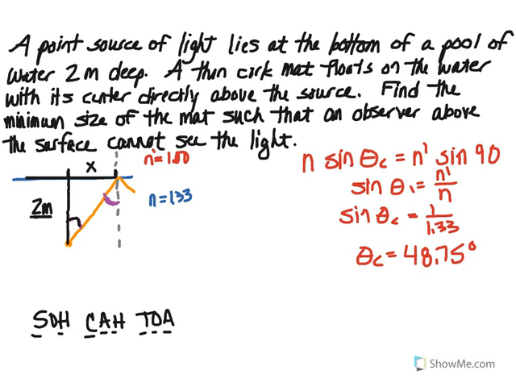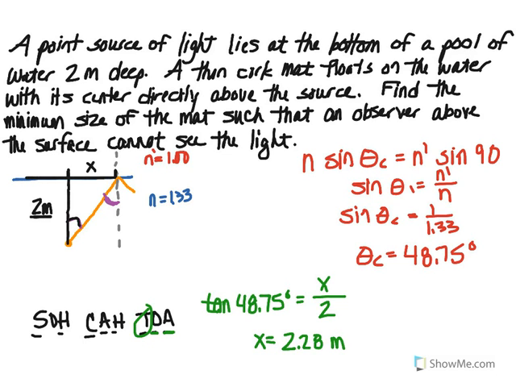So for us, we are trying to find the opposite, and we are given the adjacent, so we know that the tangent of 48.75 degrees is equal to x, the opposite, over 2 meters, the adjacent length. And now you can solve for x, and you would find that x is equal to 2.28 meters.